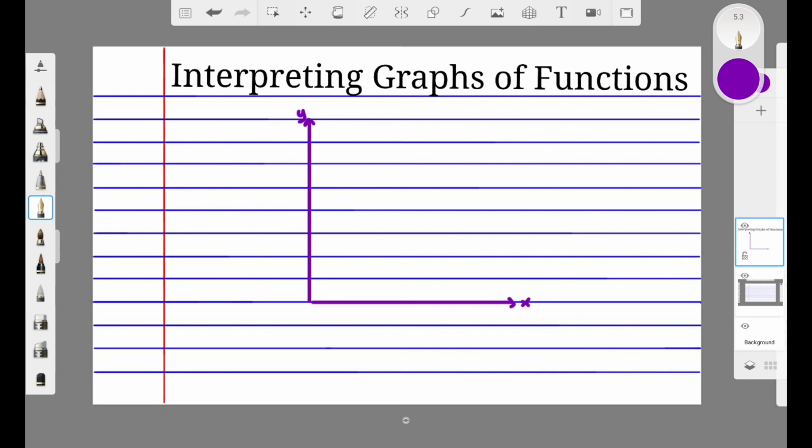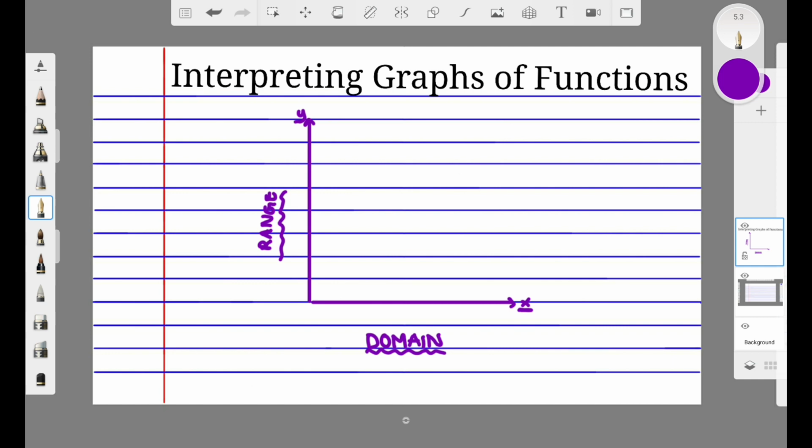So let's get started. When we are given a graph like this, we've learned that all of our domain values go on the horizontal x-axis, while all of the range values go on the vertical y-axis. So the domain has all of our independent variable values.